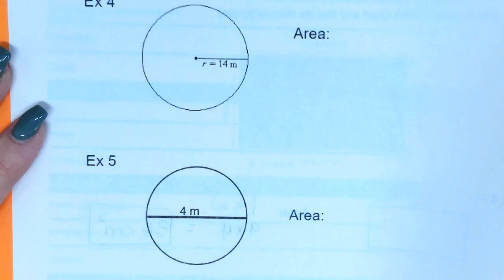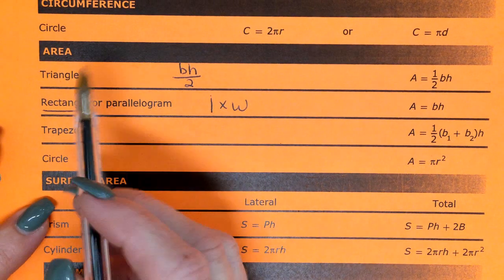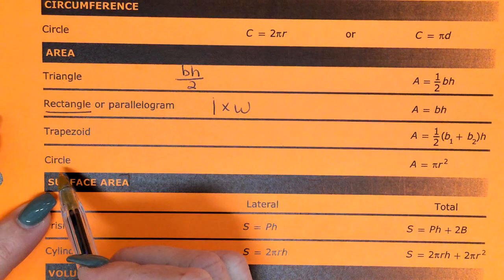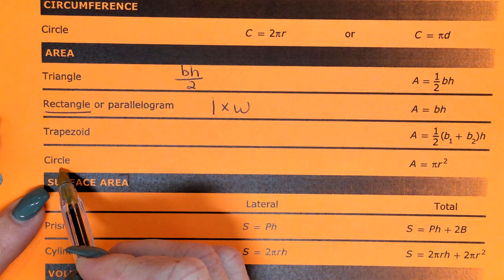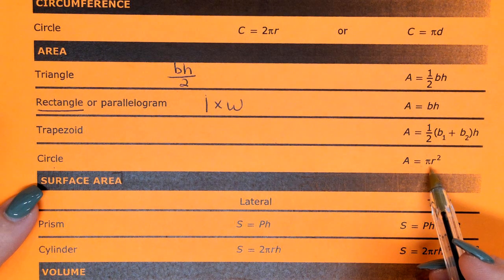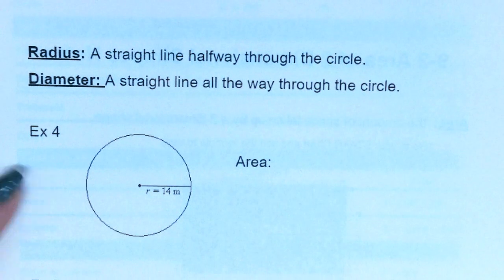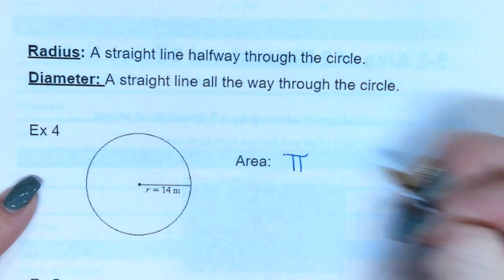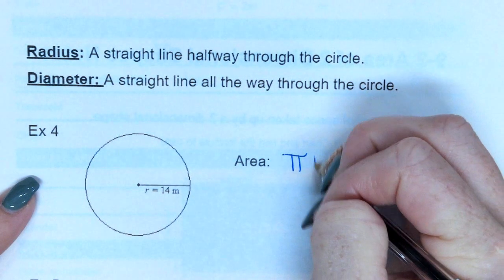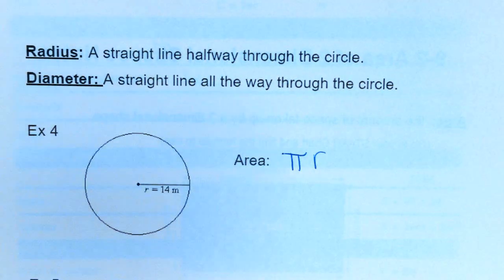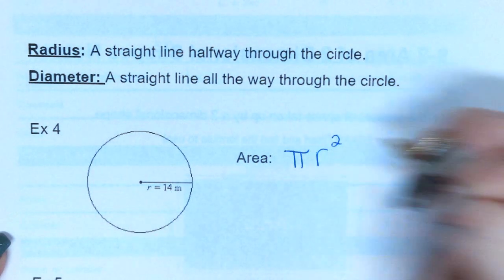Okay, go to your star chart. Find the formula for area of a circle. Pi r squared. So let's write that down. Area is found by doing pi r, that means pi times r to the second power.